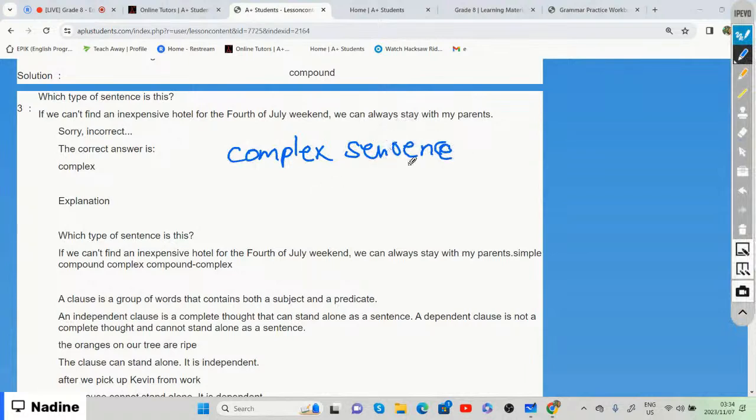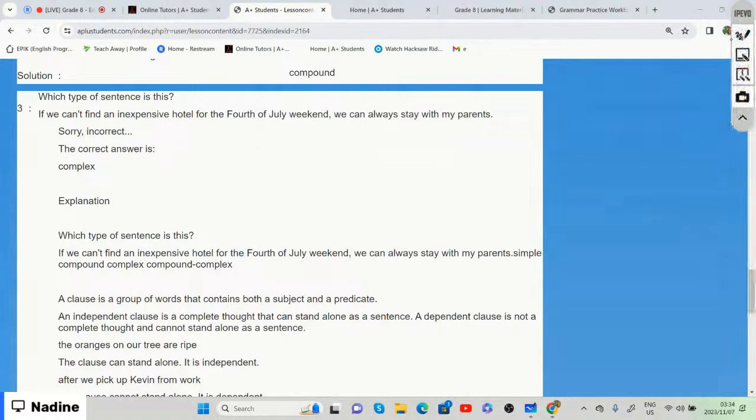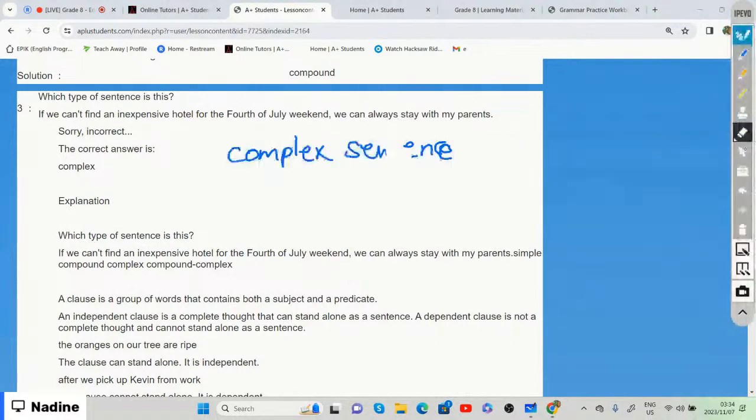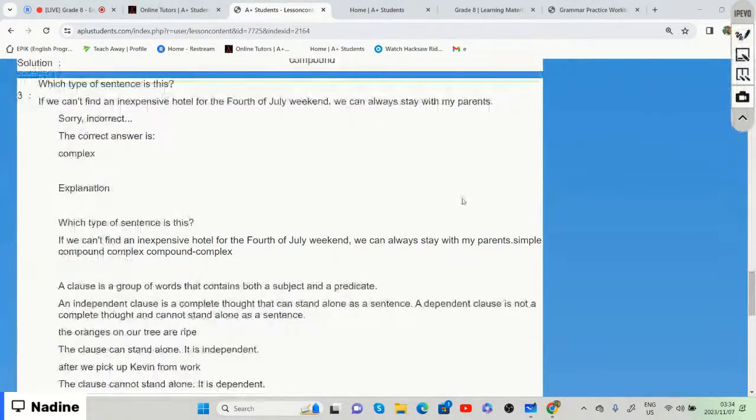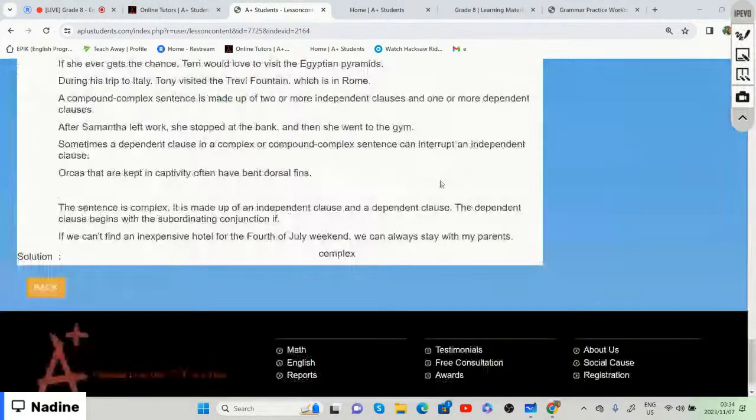So, complex sentence, right? It has an independent clause as well as a dependent clause.